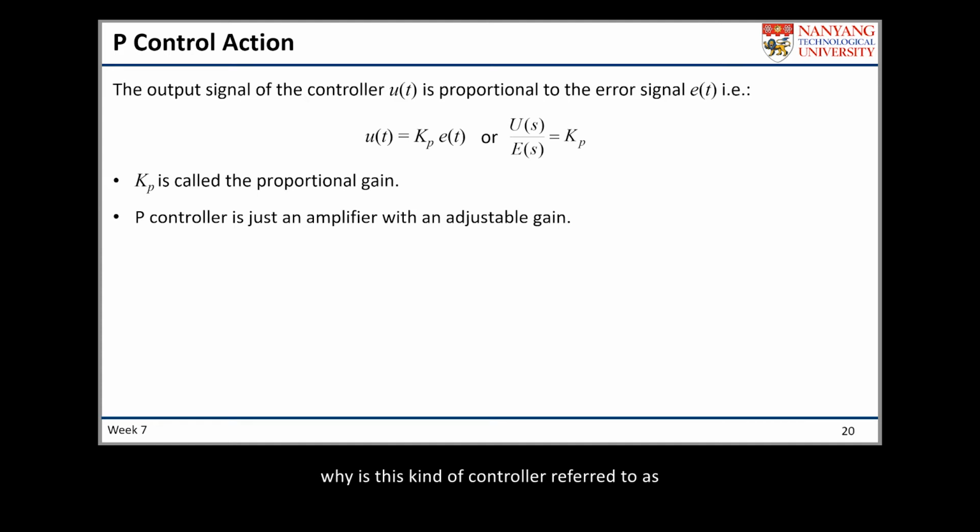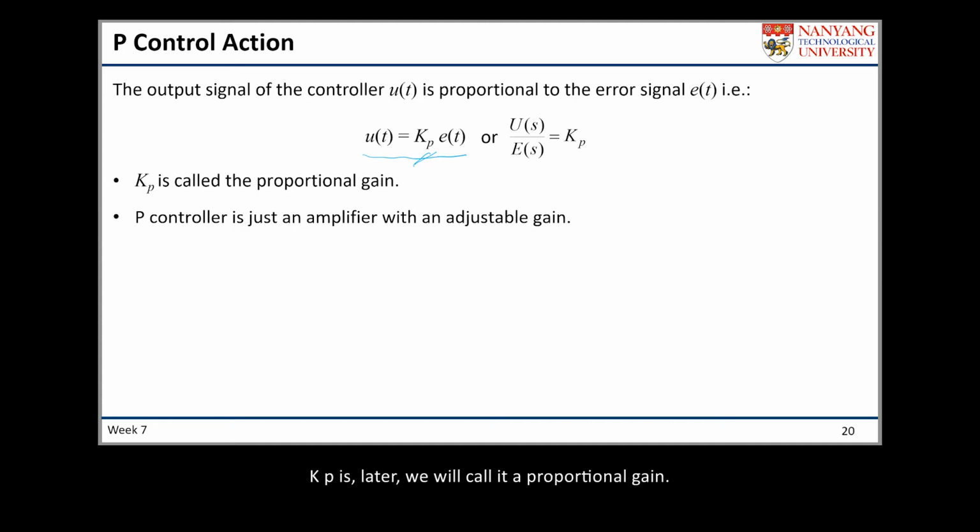why this kind of controller is referred to as a proportional controller, because the relationship between U and E is proportional, is linear. As you can see in this equation, the relationship between U and E is proportional by a factor of Kp.